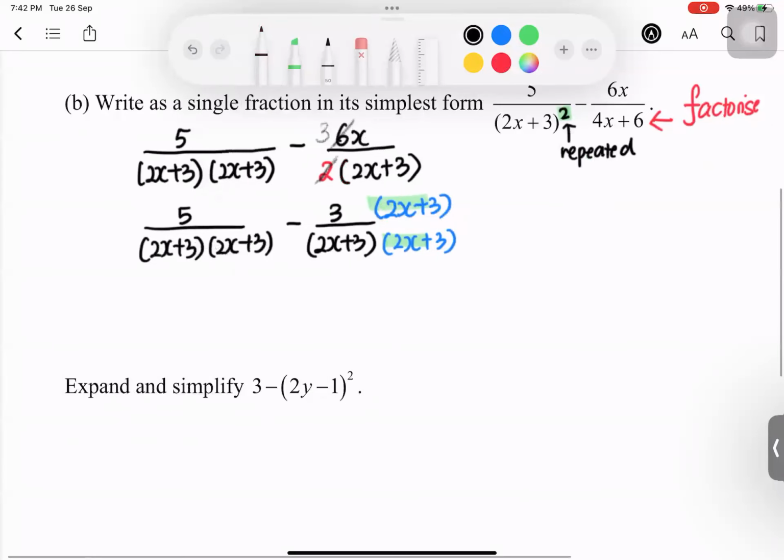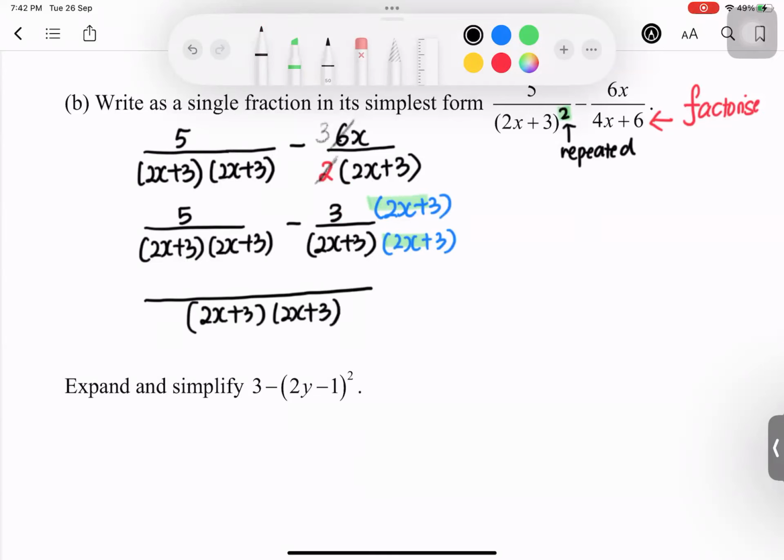Okay, now then our next step, we make that a denominator already, right? So the denominator is just 2x plus 3, 2x plus 3. Be careful, this is 5. Down here, negative 3. Negative 3 multiply to 2x minus 3 times 2x minus 6x.